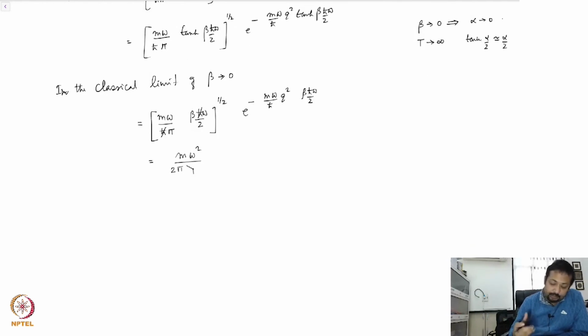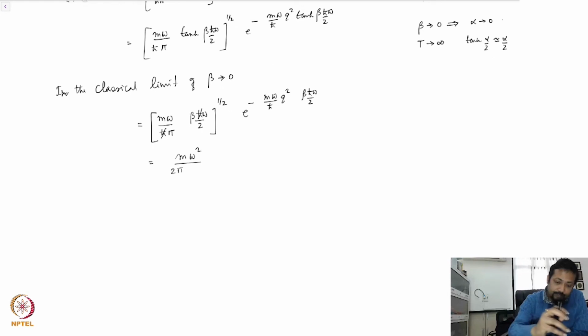Okay, this is becoming a little bit of a tricky issue now. kBT raised to the power half, and then you have the half factor comes over here, the h bar cancels, I have omega and omega gives me omega square, m omega square q square, I have a beta which is 1 over kBT.